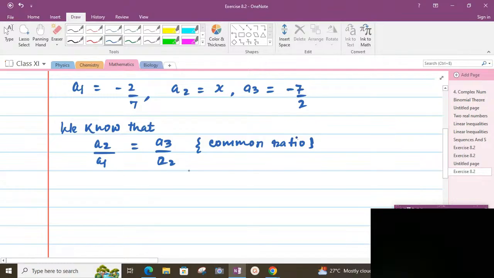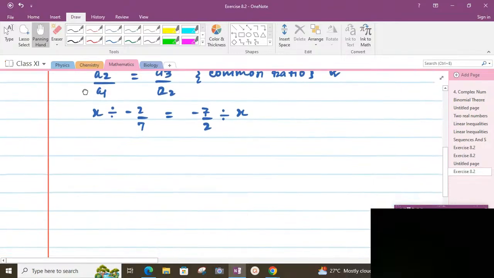Hope there is no problem to understand up to this step. Now putting the value of a2, a1 and a3. So here a2 equal to x, divided by a1 equal to minus 2 by 7, and a3 equal to minus 7 by 2 divided by a2 equal to x.